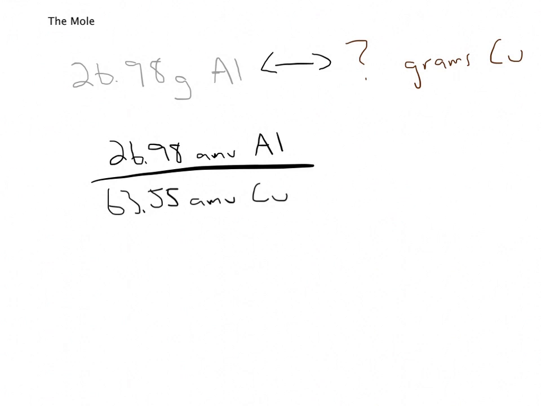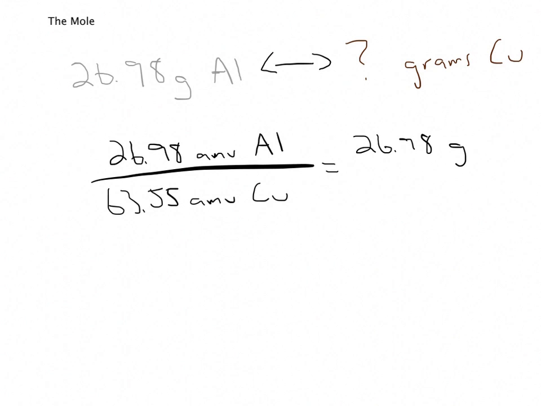Since we have this ratio with the mass of one atom, we can set it equal to the ratio of the masses of our aluminum and copper samples. So I'm going to set this on top of the ratio, 26.98 grams.